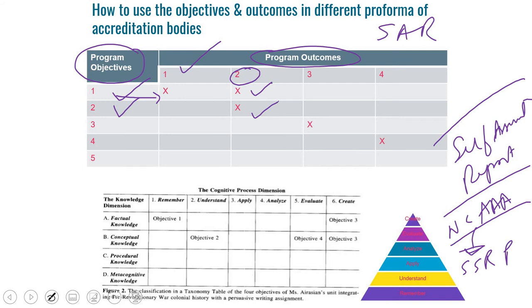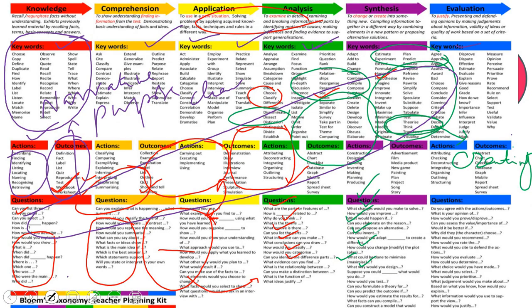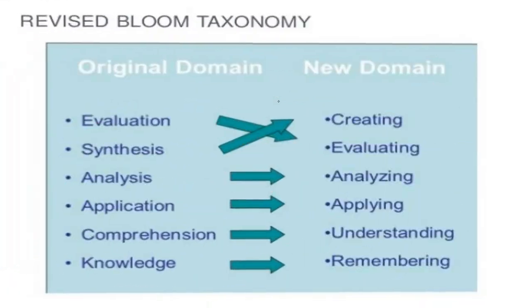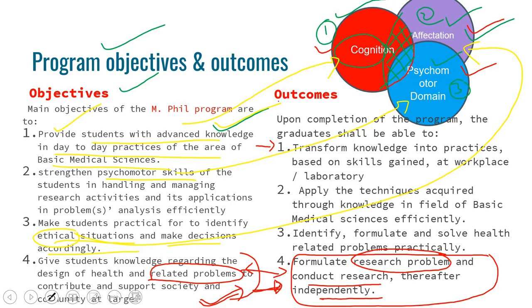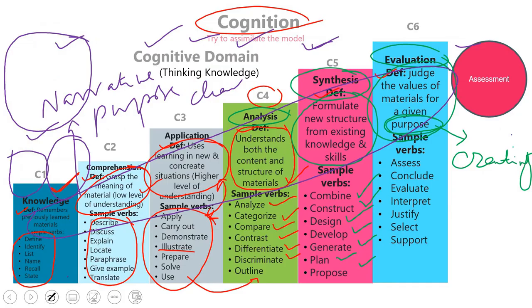For example, take outcome number 2: apply the techniques required in the field of basic medical sciences, you see here. So this outcome number 2 is so wide that it is going to grasp objective number 1, objective number 3, and objective number 2.